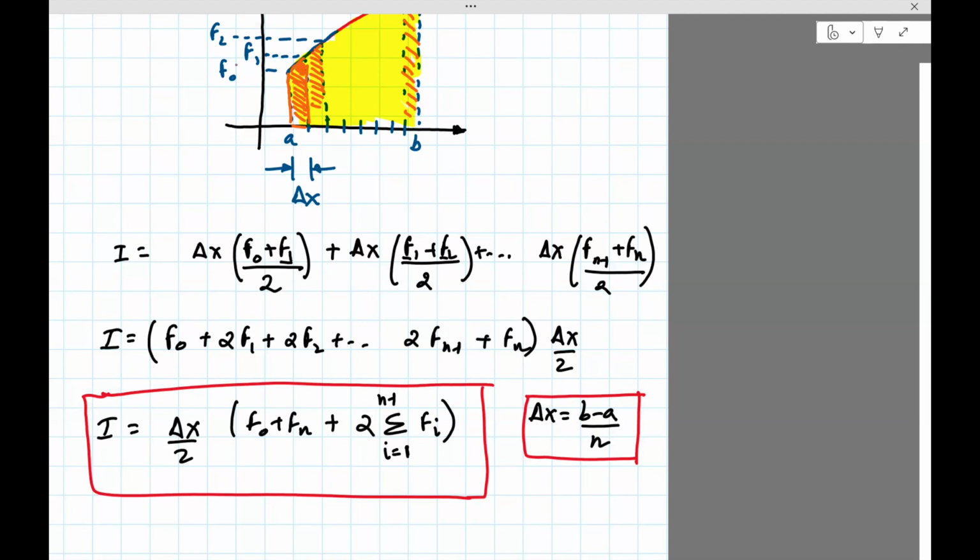Okay, let's solve a problem which will illustrate this. I'll choose something relatively simple, so that we can get an intuition. So here's the problem.